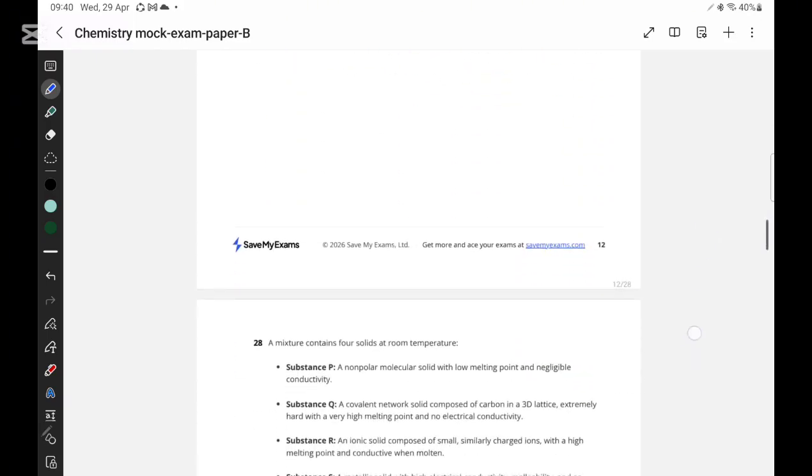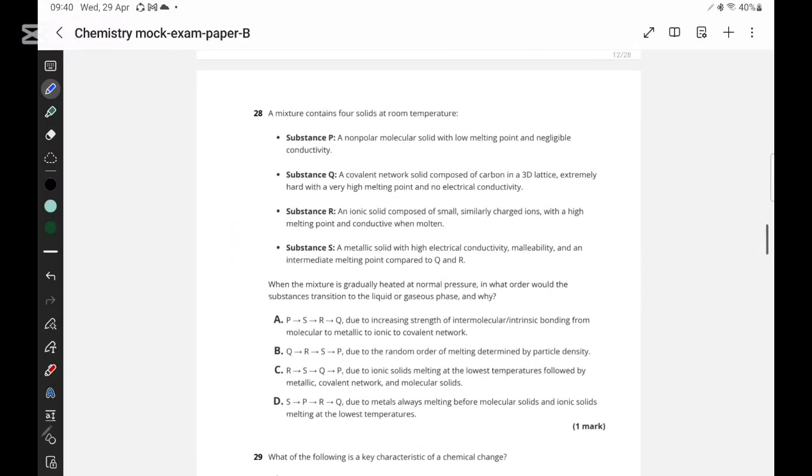So for the next question, question number 28. A mixture contains 4 solids at room temperature. Substance P, a non-polar molecular solid with low melting point and negligible conductivity. Substance Q, a covalent network solid composed of carbon in a 3D lattice with a very high melting point and no electrical conductivity.